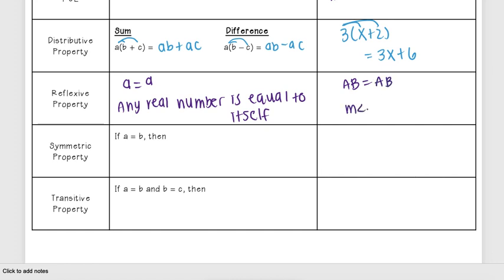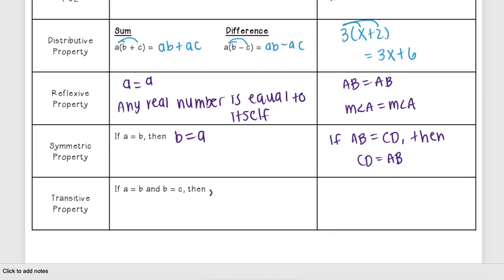I can do that with angles, so measure of angle A is equal to measure of angle A. Symmetric property, on the other hand, is if A is equal to B, then I can rearrange that to say that then B is equal to A. So symmetric, I kind of think of that as symmetrical or reflecting, so I just switch those around. So for example, if AB is equal to CD, then CD is equal to AB.